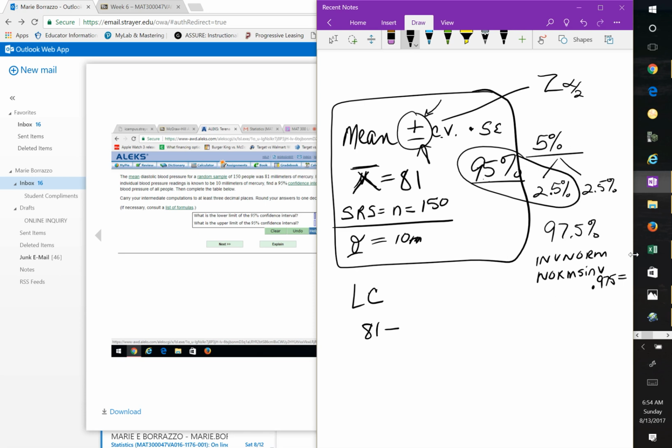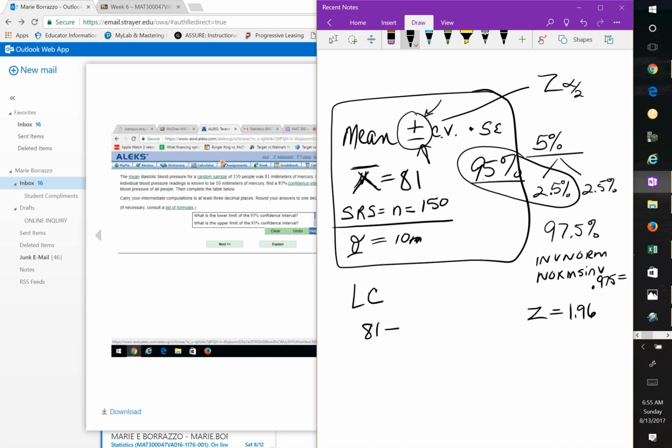So let's see, inverse norm 0.975 with a mu of 0 and a standard deviation of 1. I get a Z-score of 1.96, rounded to two decimal places.